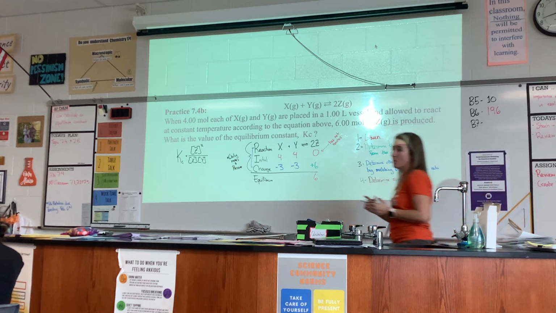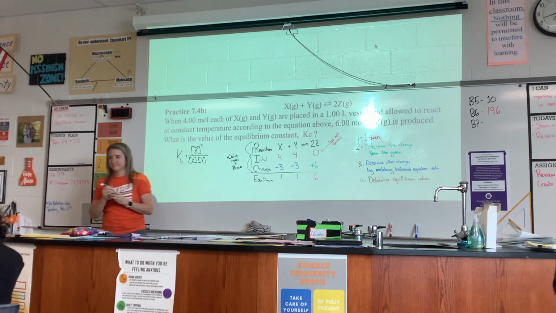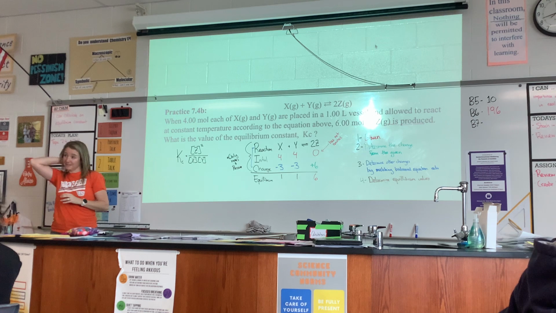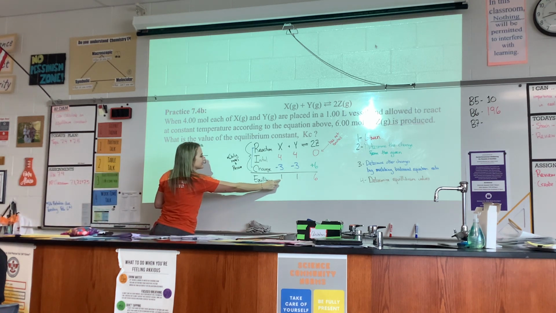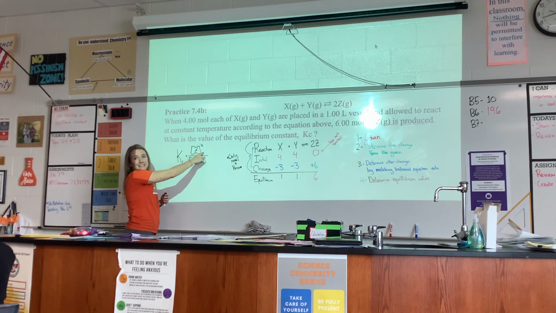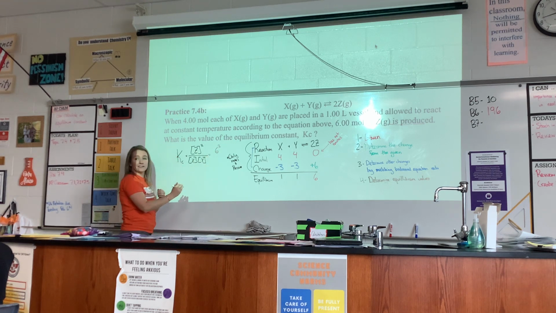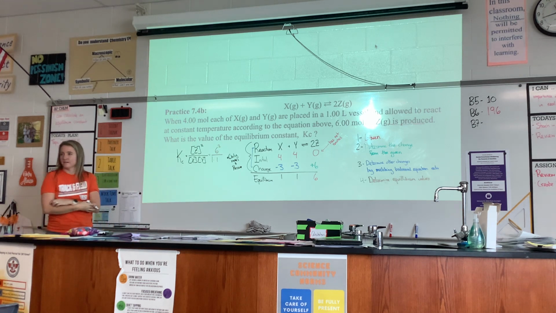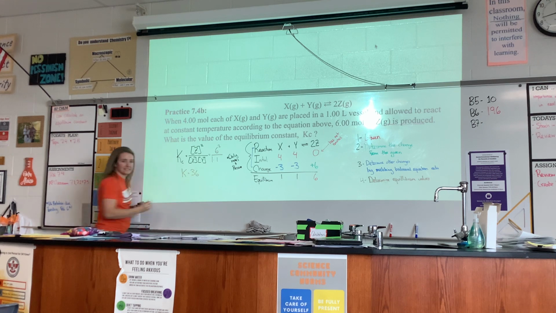So I'm going to have 1 mole of X at equilibrium and 1 mole of Y. Then once you finish your beautiful rice chart, now we can take these numbers and plug them in here. So I'm going to have 6 squared over 1 times 1. So my equilibrium constant will equal 36.